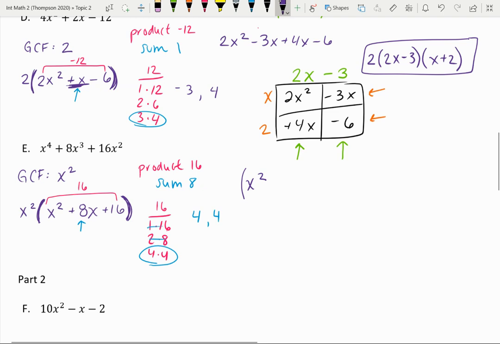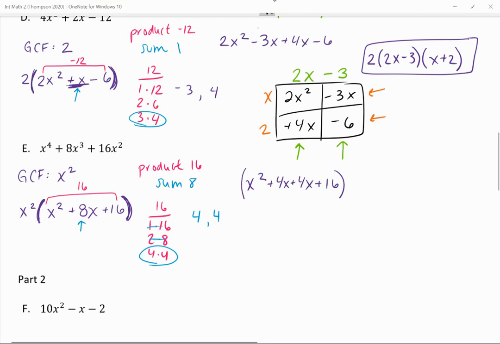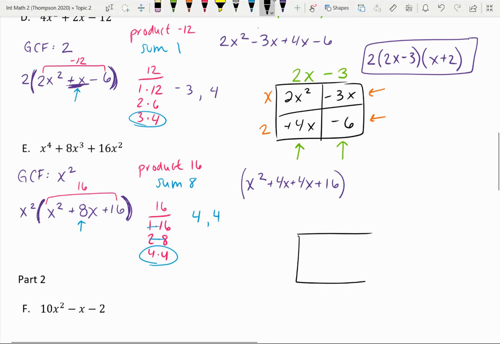So x squared, instead of plus 8x, I now have plus 4x plus 4x. If you want to try the rest of this problem from here, that would be a great start.